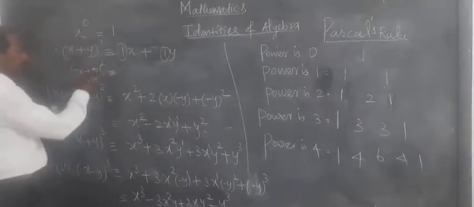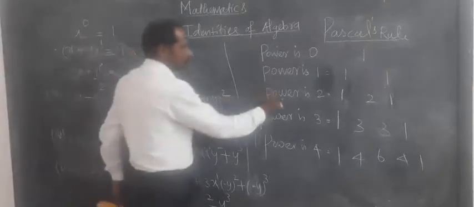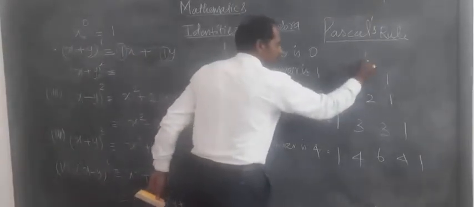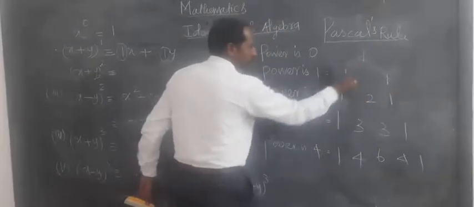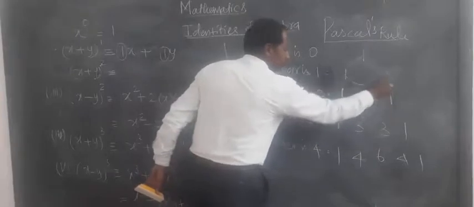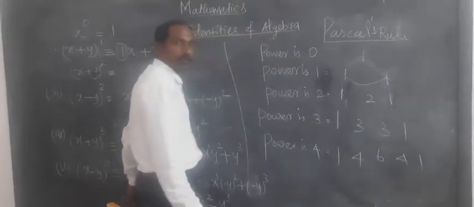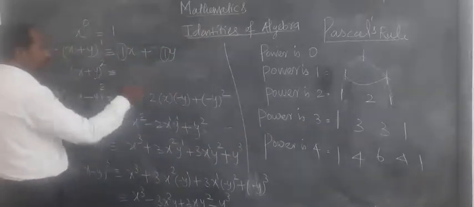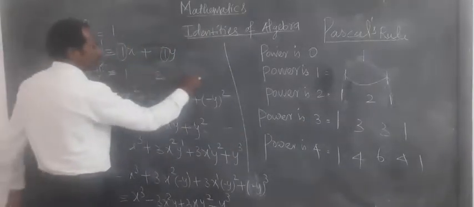For power 2, write from 1: here 1, here 1. Next, the 1 comes, then 2, then another 1. Likewise you have to write it. So our coefficients are 1, 2, 1.